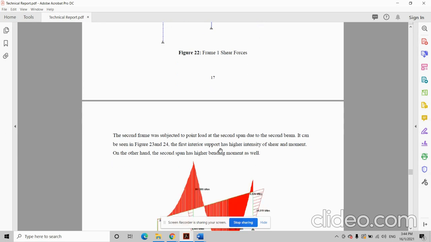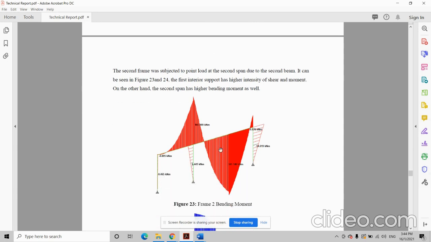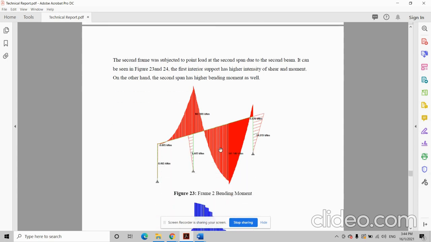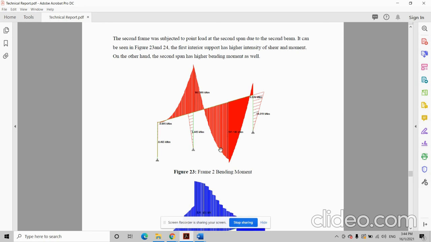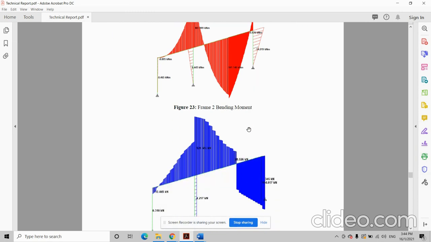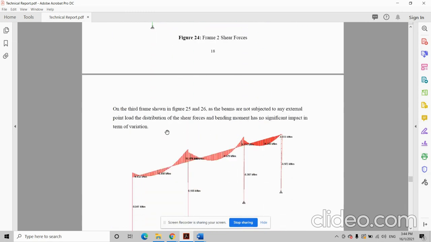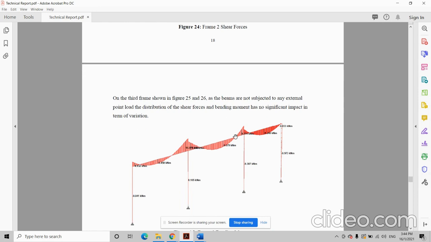The maximum support reaction occurred in the internal column of frame 2, as the column supports the main frame as well as the secondary frame. On the third frame, beams are not subjected to any point load.